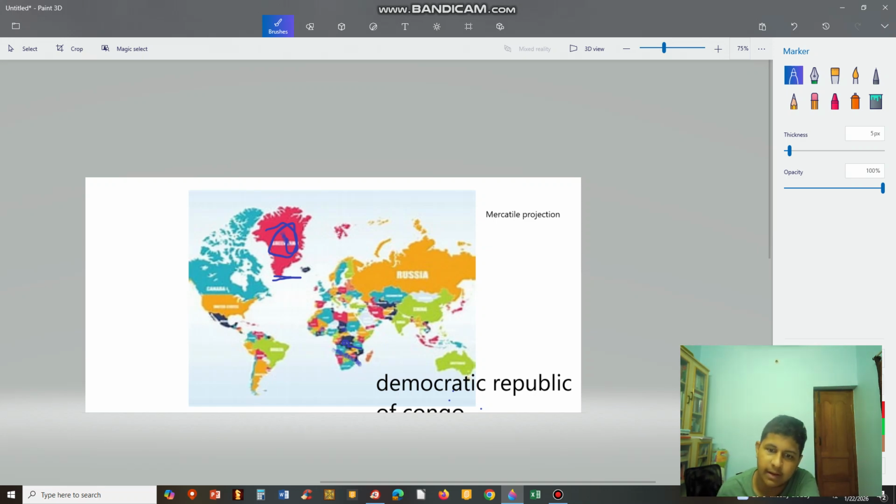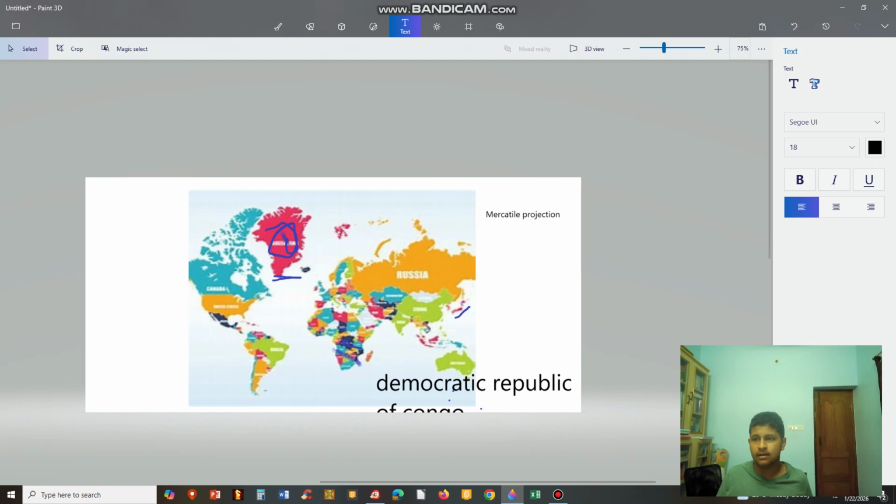New Zealand's size is almost similar to Japan's, but in reality Japan has more islands, is a bigger country and has more population, whereas New Zealand is sparsely inhabited, with mostly sheep, most likely around 5 sheep per person, I would say.